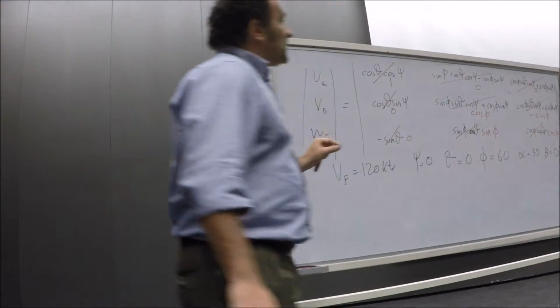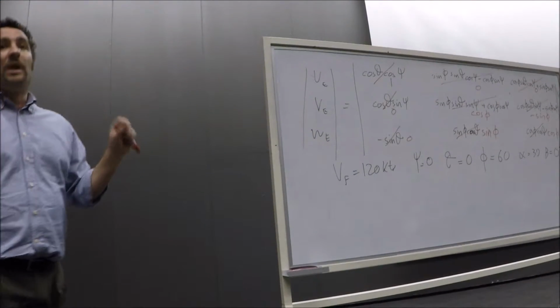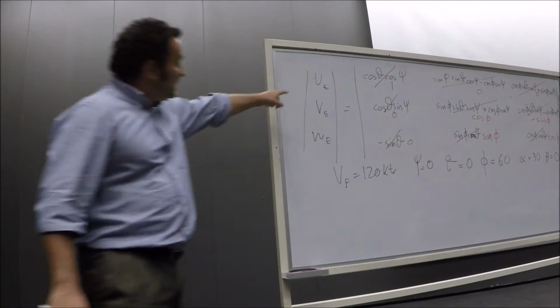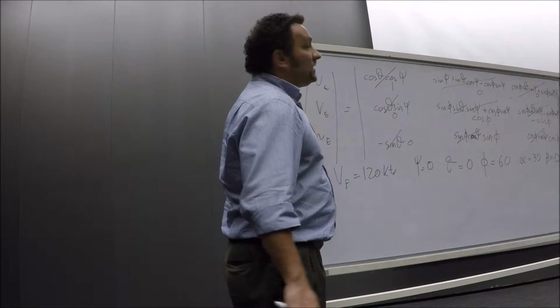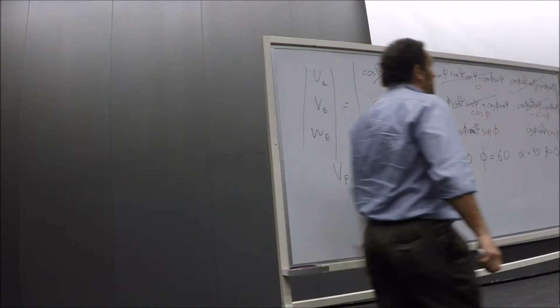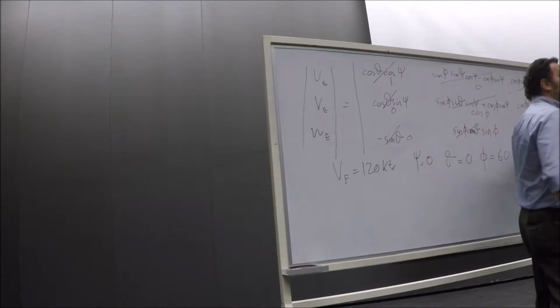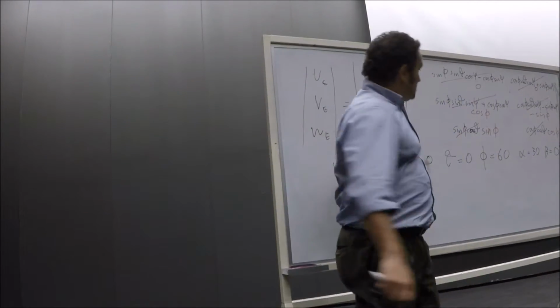So now let's see what is the relationship that exists between the inertial velocities and the body velocities with these conditions.